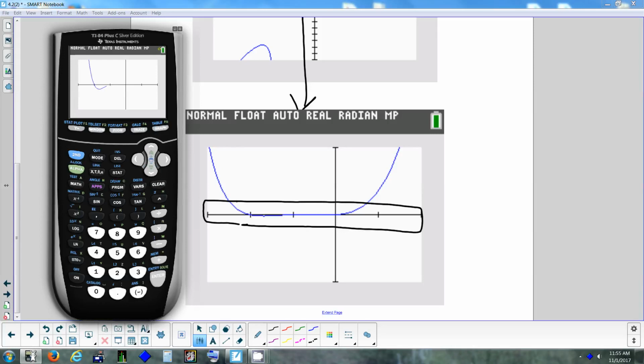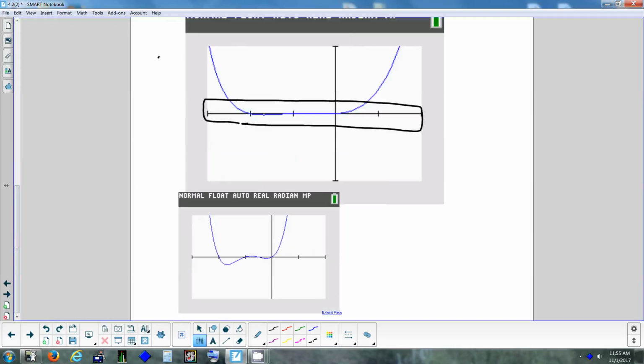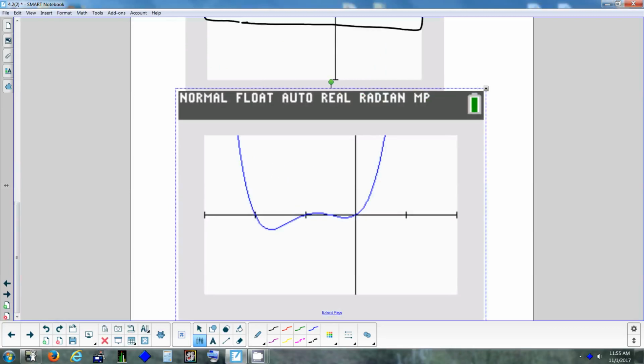Okay, so this is the same graph, just zoomed in even more. What looked like it was pretty flat, now you can tell it wasn't flat at all. Make it bigger. That's because it's actually crossing 1, 2, 3, 4 times.